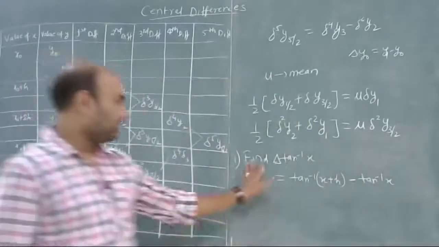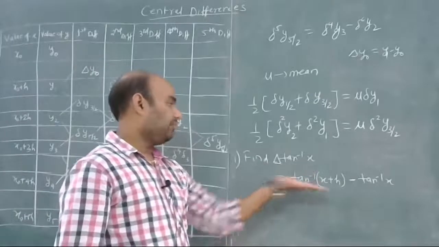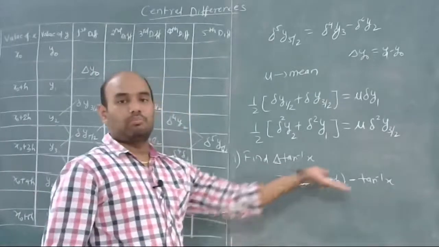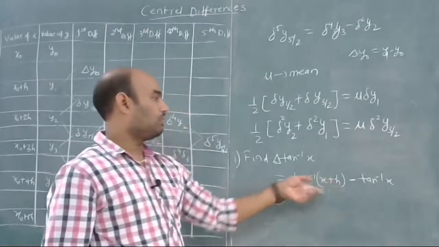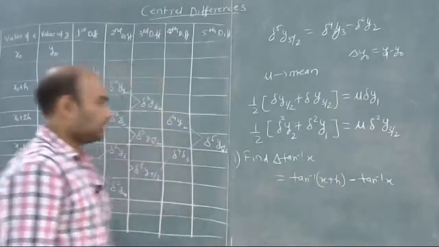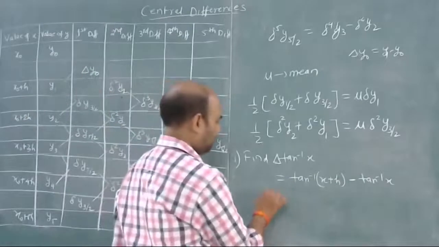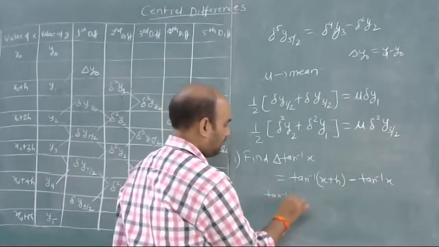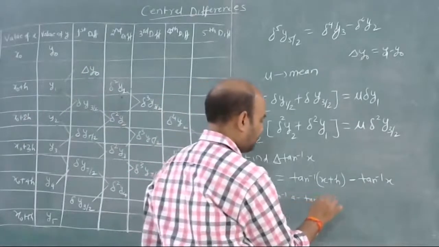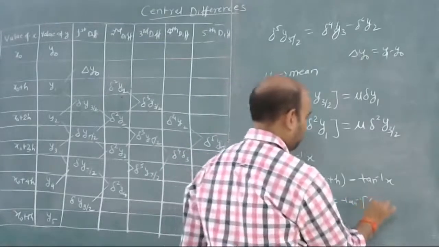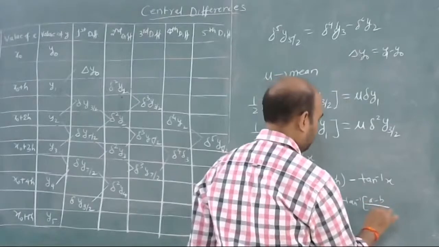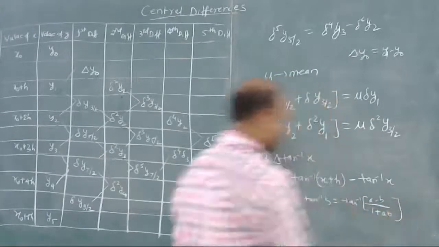So this is the difference: the increased value minus the original value. Every time you have to do it like this. This is tan inverse a minus tan inverse b, which is tan inverse of (a minus b) divided by (1 plus ab).